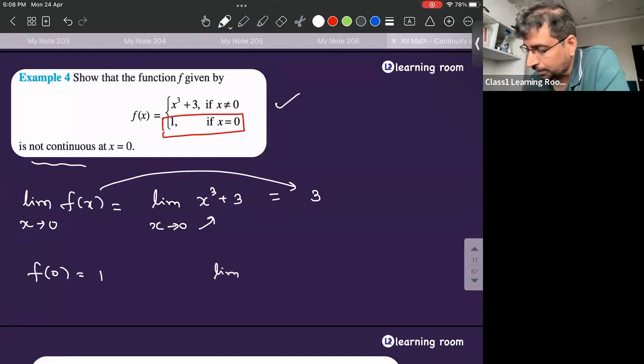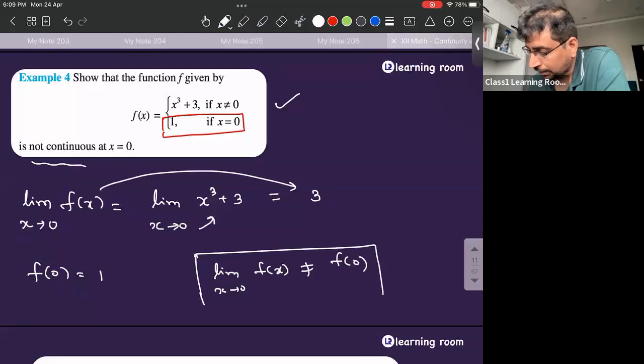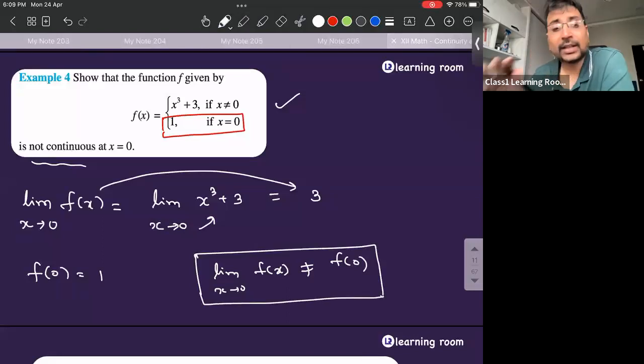So in this case, what is happening is limit x tends to 0, f of x is not equal to f of 0. Hence, it is not continuous at x equal to 0.